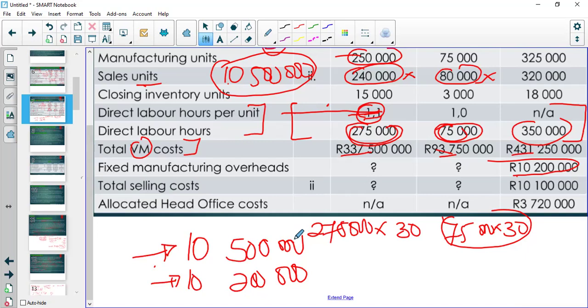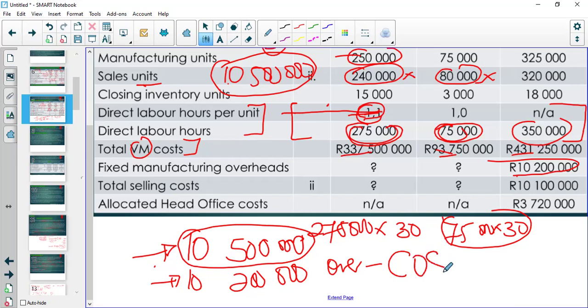So this is too much. We need to reduce it because we included 10,500,000 instead of 10.2. So this is an over absorption, and an over absorption has to be deducted to reduce cost of sales. And if you reduce your cost of sales, that means you are increasing your gross profit.